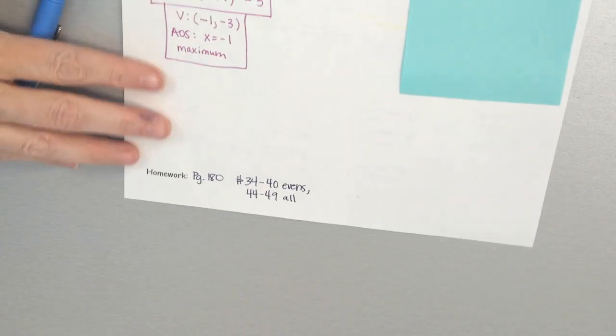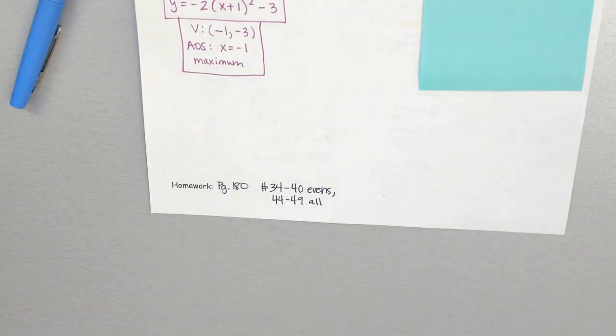And you're doing 34 through 40 evens. And then 44 through 49 all.